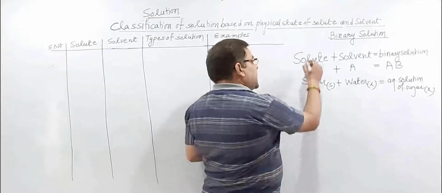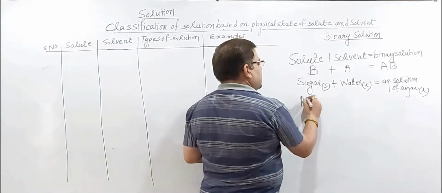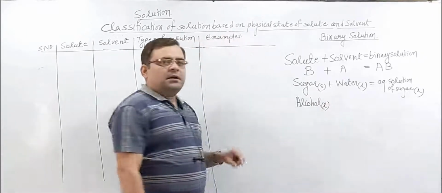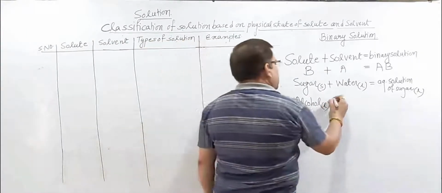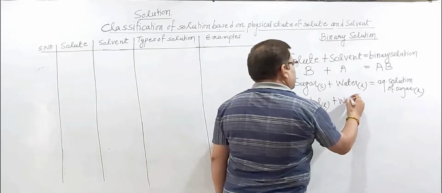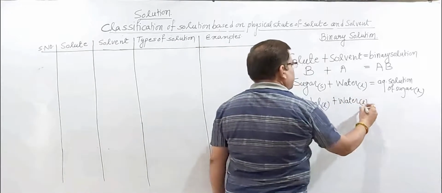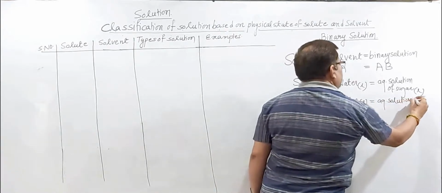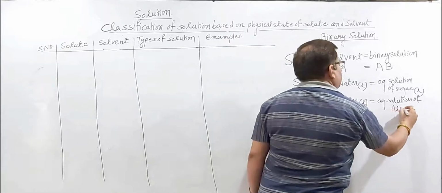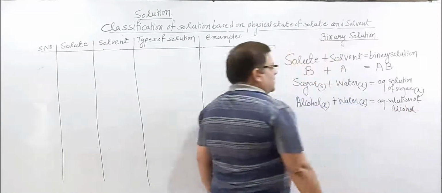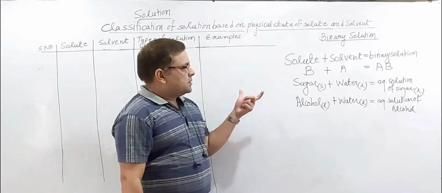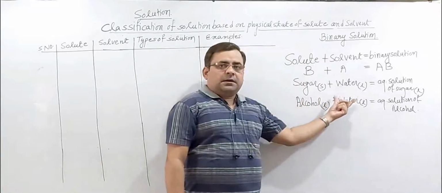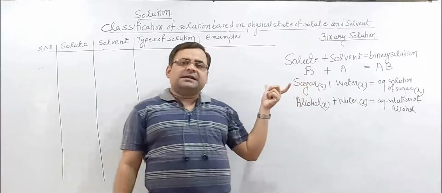But if both solute and solvent have the same physical state, like alcohol, what is the physical state of alcohol? Liquid. If we dissolve this alcohol in water, it will give an aqueous solution of alcohol. Since in this binary solution both solute and solvent have the same physical state, how can we define them?